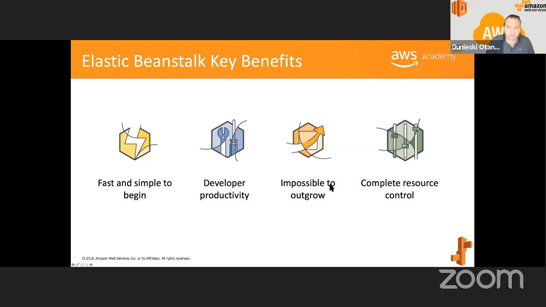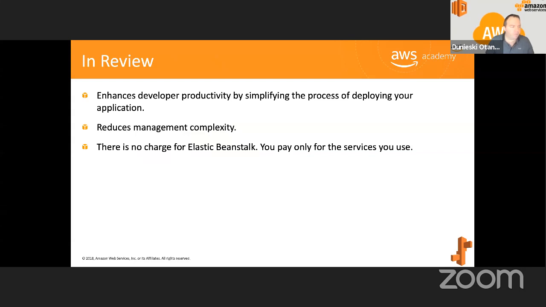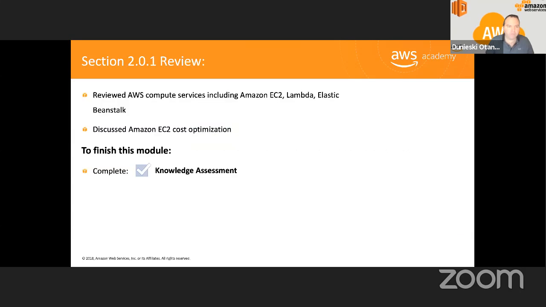So it doesn't matter. It's impossible to outgrow Elastic Beanstalk, and you have complete control of your resources. In review, it enhances developer productivity by simplifying the process of deploying your application, reduces management complexity, and there's no charge for Elastic Beanstalk. You pay only for the services that you use, right?